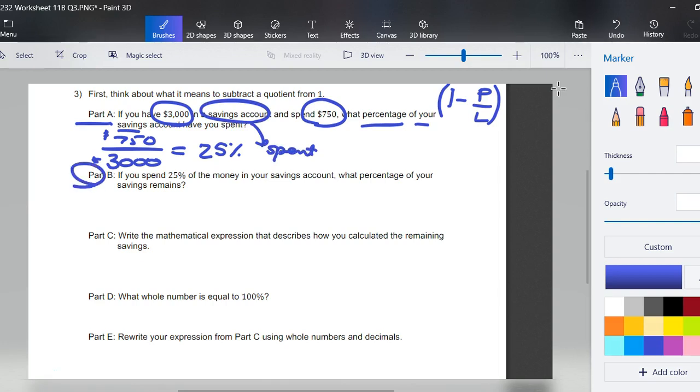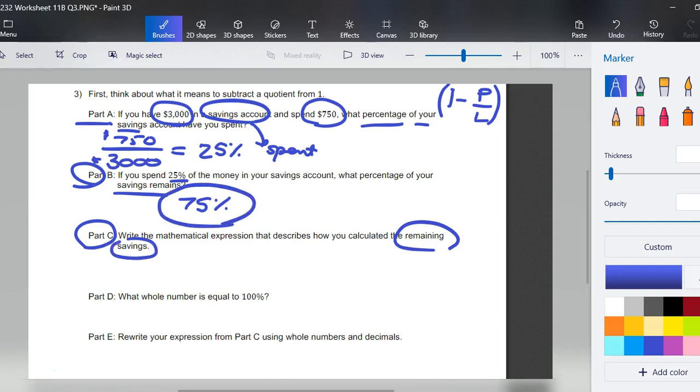If you spend 25% of the money in your savings account, what percentage of the account remains? Well, if I spent 25%, 75% remains. So what is a mathematical expression that describes how you calculated the remaining savings? How did my brain think, oh, it's 75%?